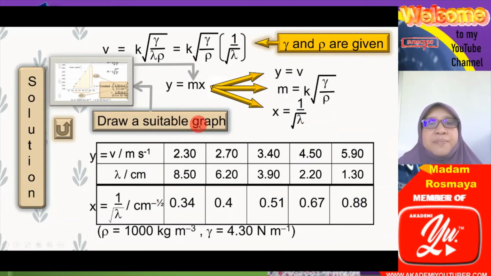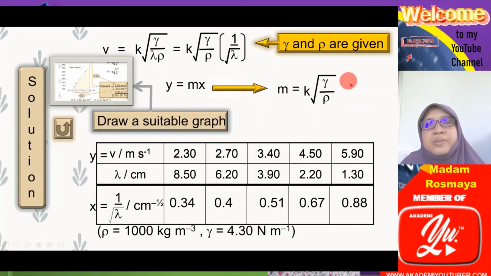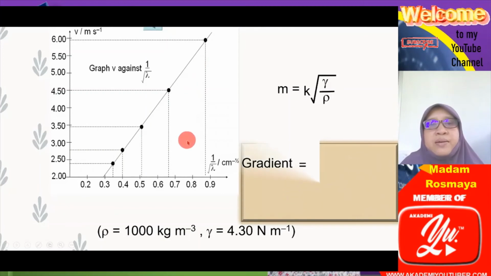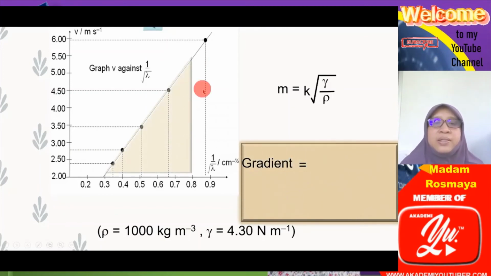Next step, we are going to find the gradient, m, of the graph. The gradient of the graph is equal to k to the power of gamma per rho. The y and x are done already. From the graph, we calculate the gradient, which is the vertical distance divided by the horizontal distance.